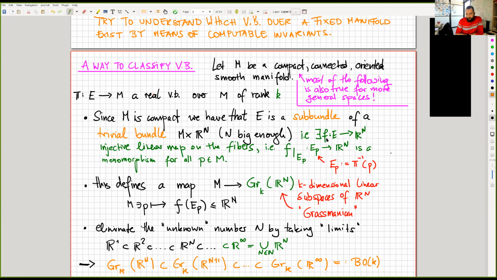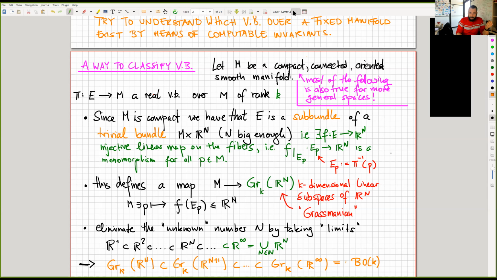This f is a map from E. If you have a vector bundle E, this is itself also a manifold. So you have a map from E to R^n, such that if you restrict it to every fiber, which is again a vector space, this map should be a monomorphism. It should be a linear injective map for every p, right? This is what you have here, this map.